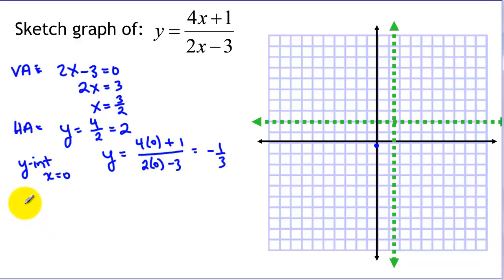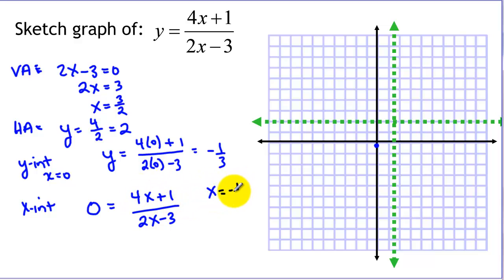Let's find the x-intercept. So we're setting y equal to 0. For a fraction to equal 0, the numerator has to equal 0. So we just have to set this equal to 0, so we're going to get x equals negative 1/4.